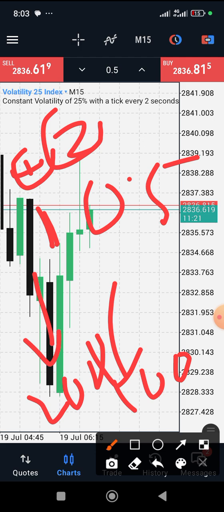If you use 1.5 lot size for this same trade, you'll be risking $6 to make $300. I don't know if I got that calculation correctly, but you get the point.